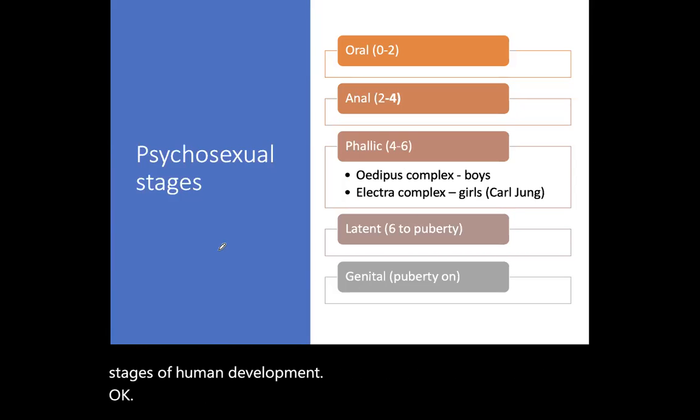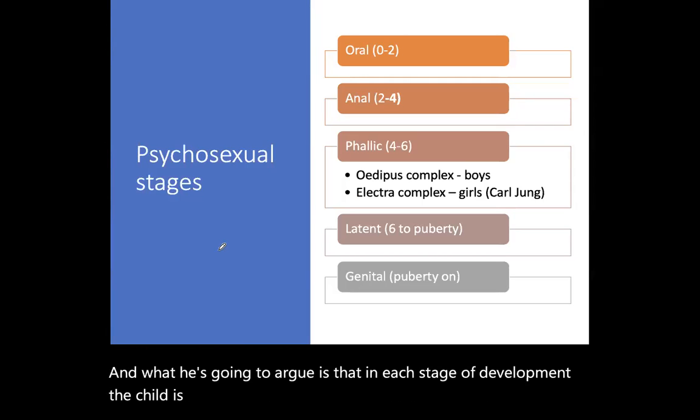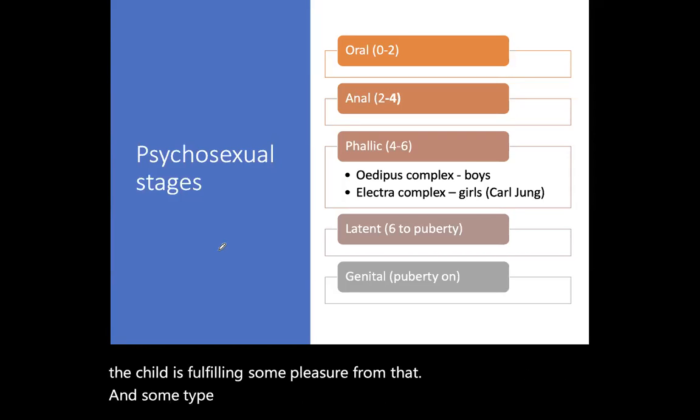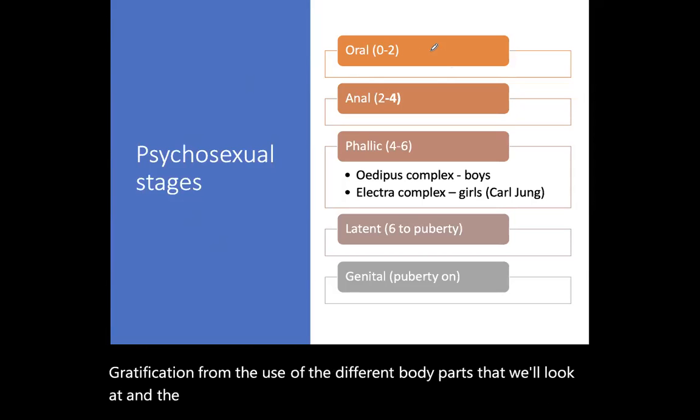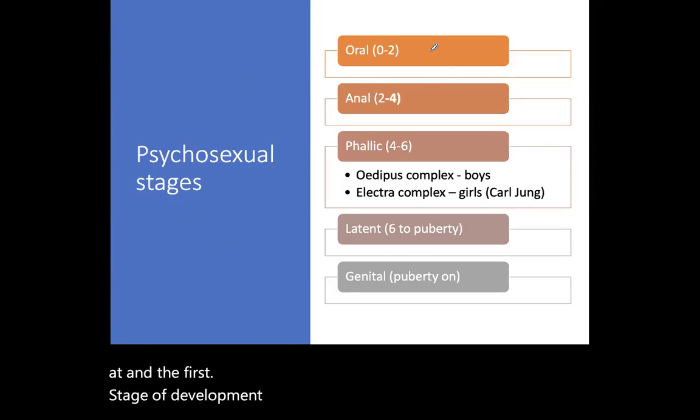And what he's going to argue is that in each stage of development, the child is fulfilling some pleasure and some type of gratification from the use of the different body parts that we'll look at. And the first stage of development that Freud argued was that we go through the oral stage of development.